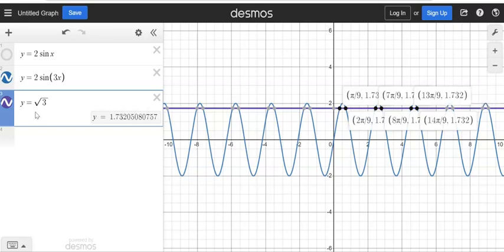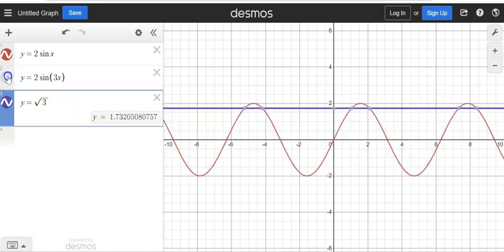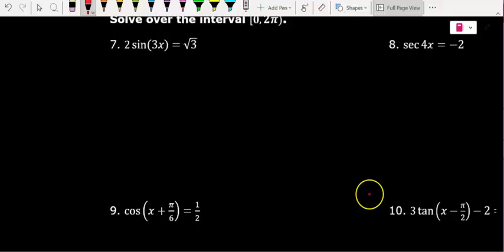So that's going to get me 6 different answers. I can see that right here as it goes. Okay, so if I instead had y equals 2 sine x, I would now, between 0 and 2 pi, only have 2 answers. So what we're solving for here is all of the answers that are not shown.